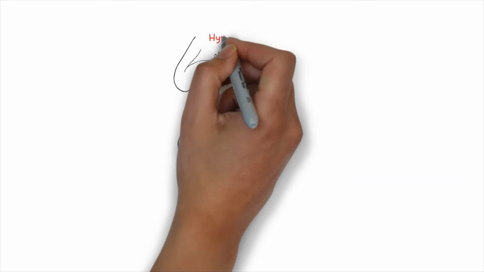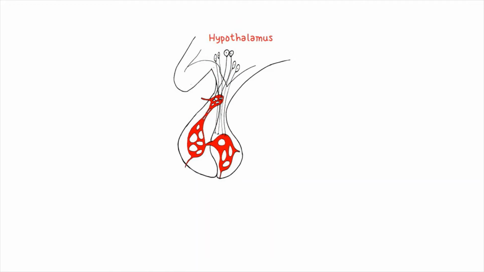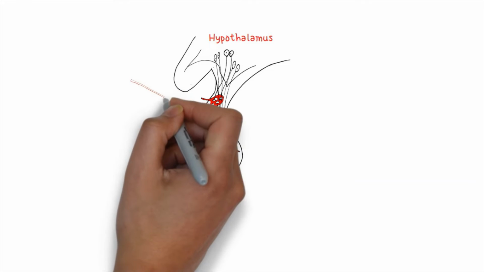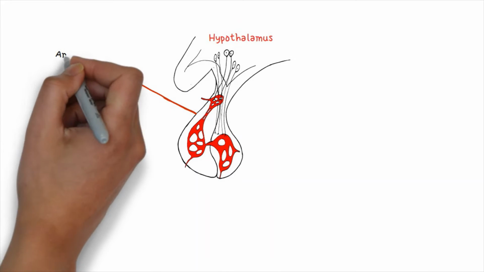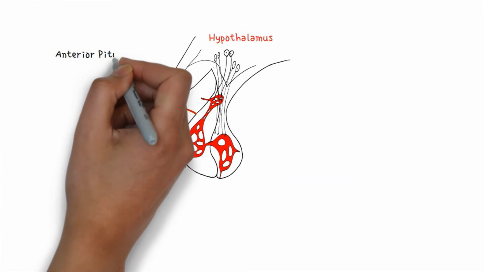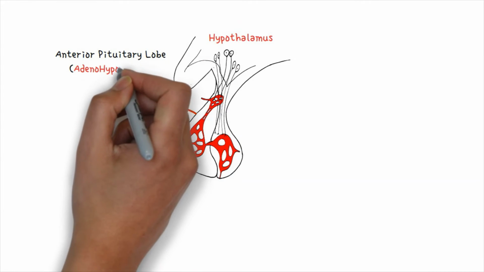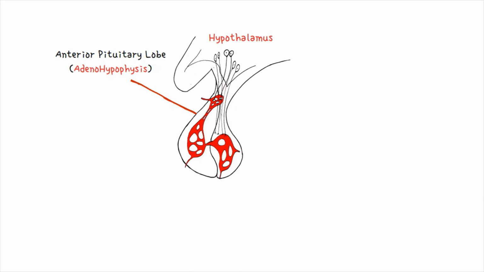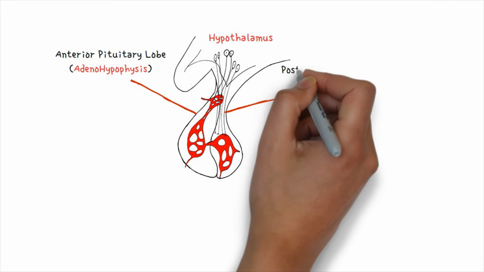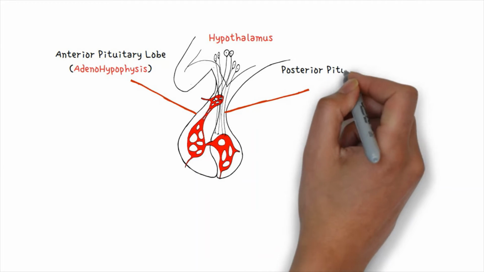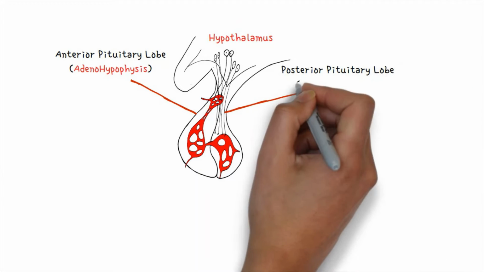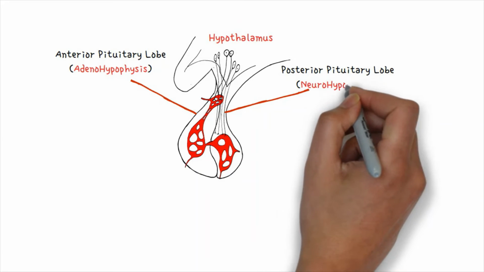So we have hypothalamus, anterior lobe of the pituitary gland, also called adenohypophysis, and posterior lobe of the pituitary gland, also called neurohypophysis.